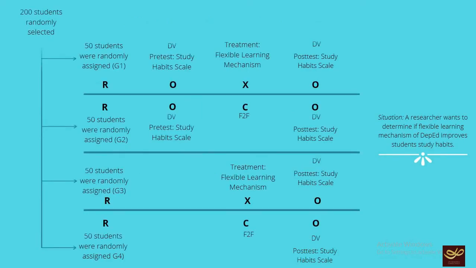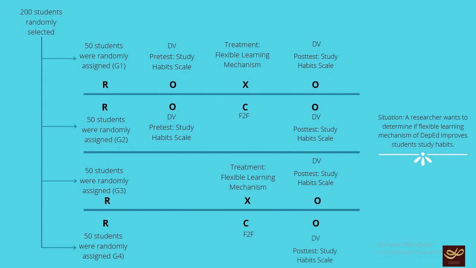So let's try to illustrate this further. Using the same situation, let's say you've randomly selected 200 students. From the 200 students, 50 were randomly assigned to Group 1, Group 2, Group 3, and Group 4. And then from there, the first two groups, Group 1 and Group 2, were given pretests, while Group 3 and Group 4 were not given pretest. Now, what is the reason why Group 3 and Group 4 were not given pretest? This is actually a certain control for what we call maturation.